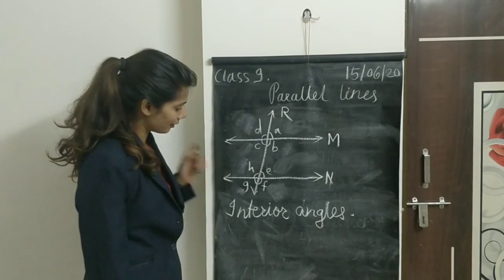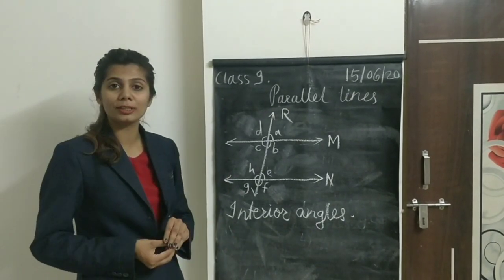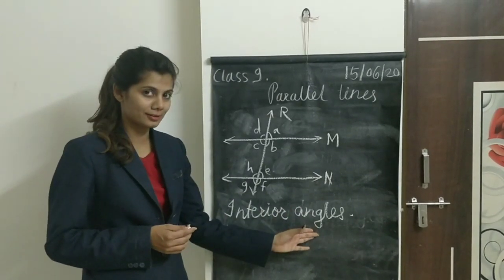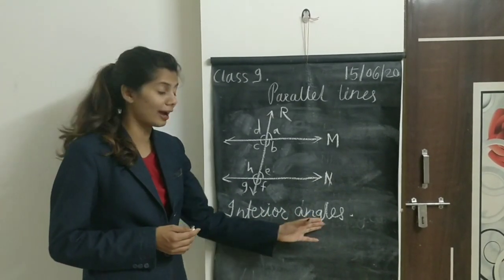Now we are going to write the pairs of angles which are formed in the interior of the diagram. That is why we call them interior angles. There are two types of interior angles. First, alternate interior angles.